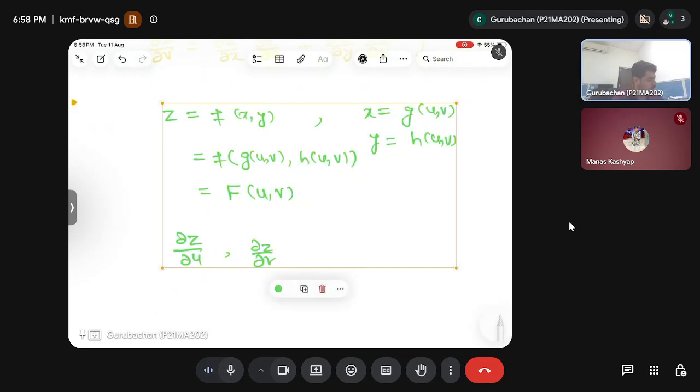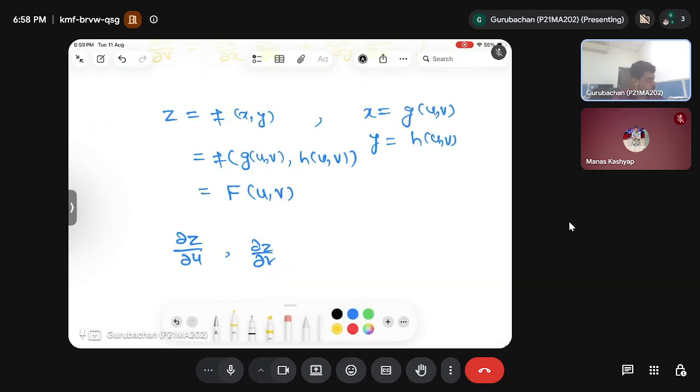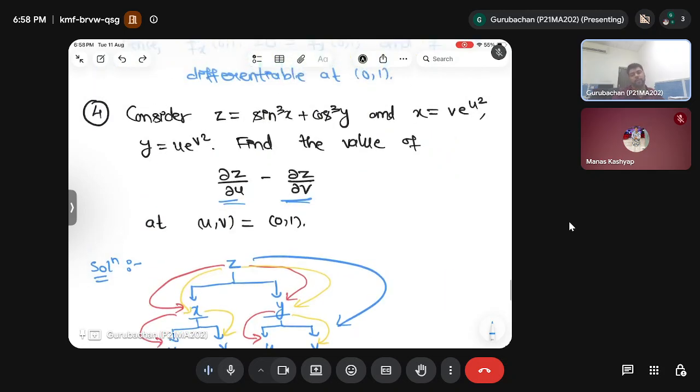So these two approaches I told you. Now you can try. What will be the value of this del z by del u minus del z by del v at this particular point?